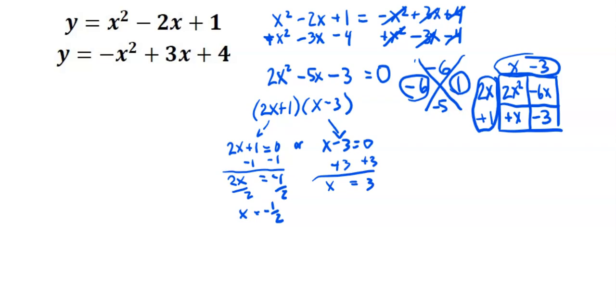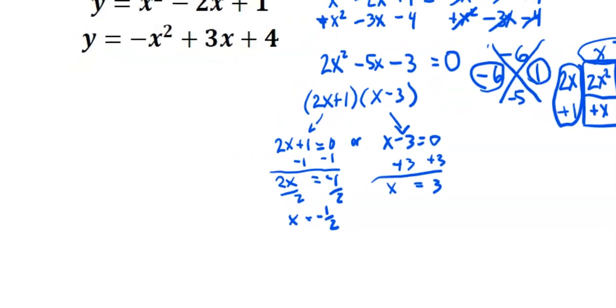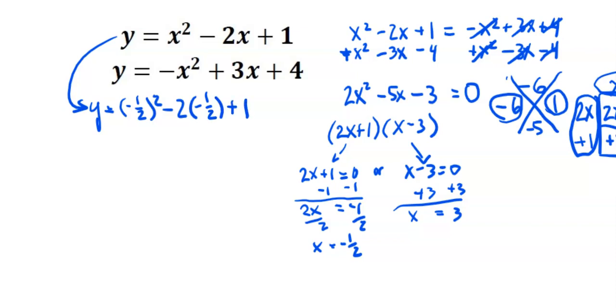So once again, we have to go back and put these into the equation. Either one of the equations would be fine, so I'm going to put it in the top equation. y equals negative 1/2 squared minus 2 times negative 1/2 plus 1.